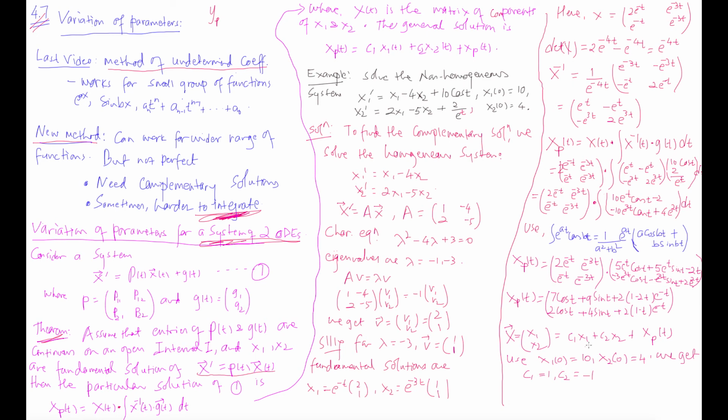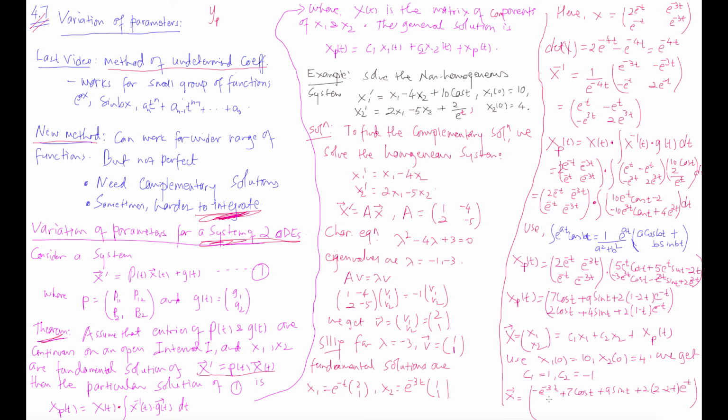And then you plug in the c1 and c2 here, okay? Then you will get the final answer. So how would the final answer look? The final answer will look like this: x vector x equals, like this. Negative e to the negative 3t, plus 7 cosine t, plus 9 sine t, plus 2 minus 2t, this is very simplified form, okay, e to the negative t.